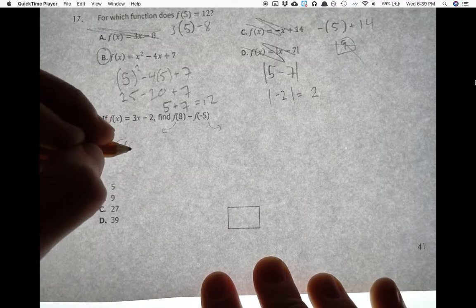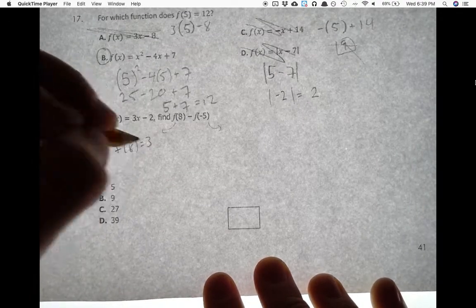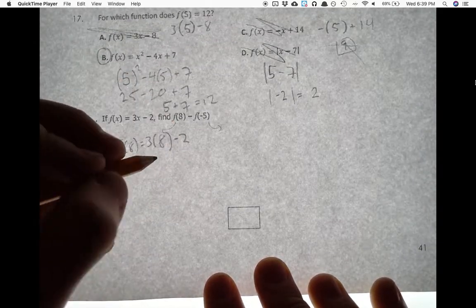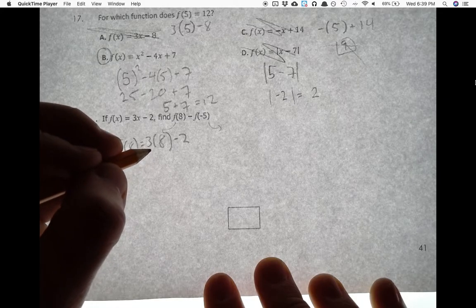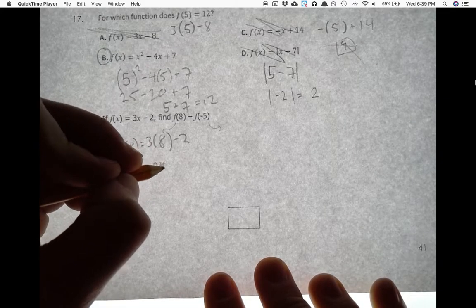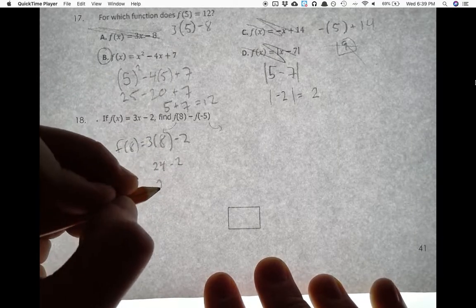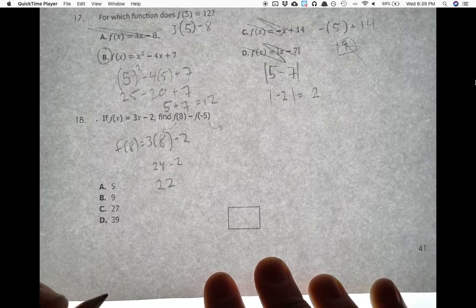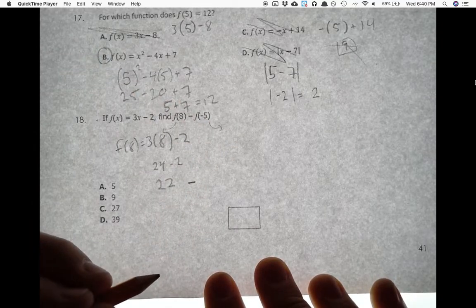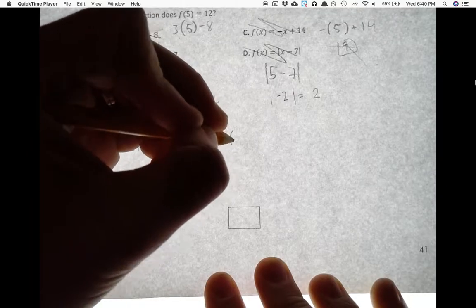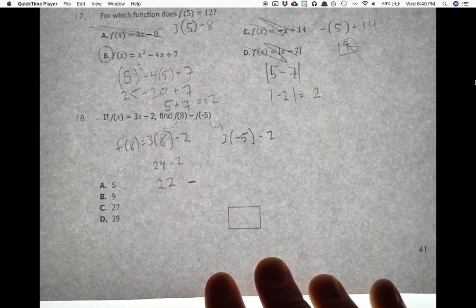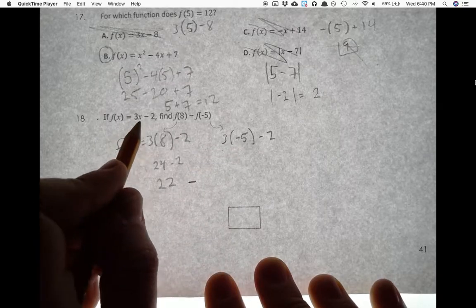So f of 8 is going to be equal to 3 times 8 minus 2. 3 times 8 is going to be 24, minus 2, 22. And now it should be 22 minus whatever I get over here. This will now become 3 times negative 5 minus 2, because I'm just plugging it into the x there.